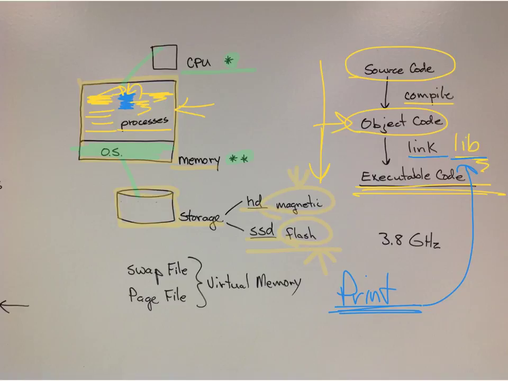Alright, then we also talked about, let's just do it in red, a swap file or a page file. We didn't talk a whole lot about the differences or how those are termed. More on that later, but it's referred to as virtual memory.